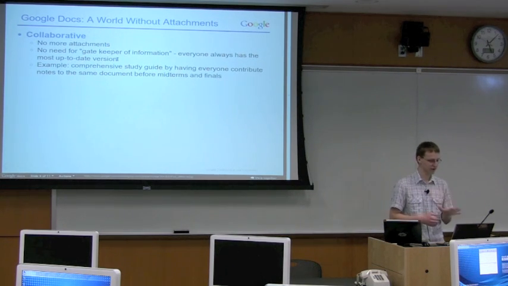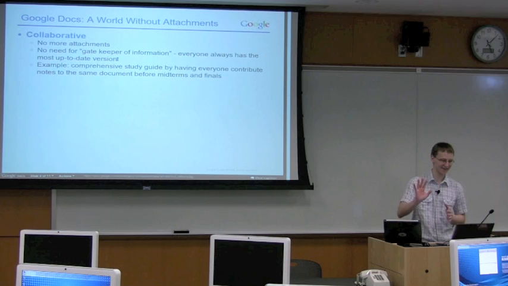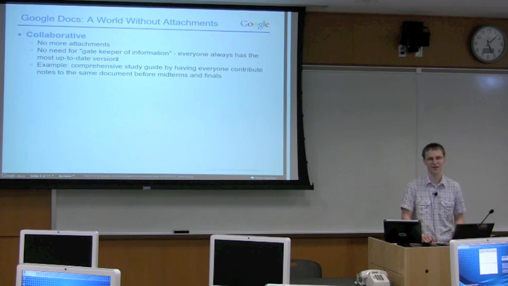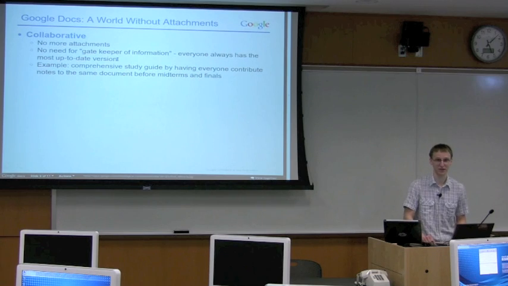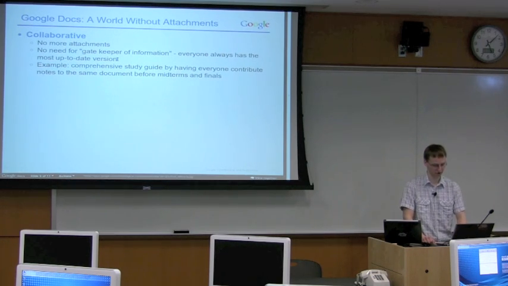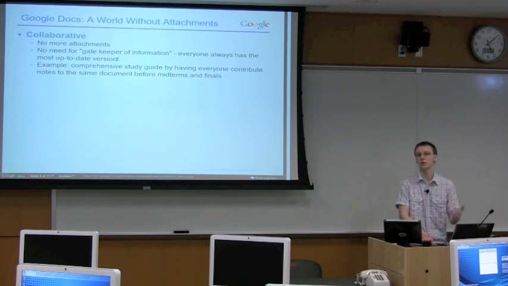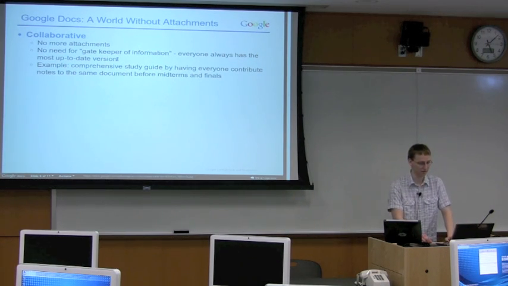Google Docs eliminates that problem because what's online is the most up-to-date, current version. So nobody has to worry about whether they have an old version. And the really cool thing is that everybody can work on the same document at the same time, in real time. This is particularly helpful for group projects, times when multiple people are going to be working on the same document at a time.